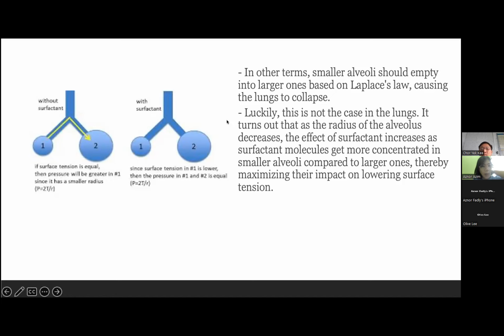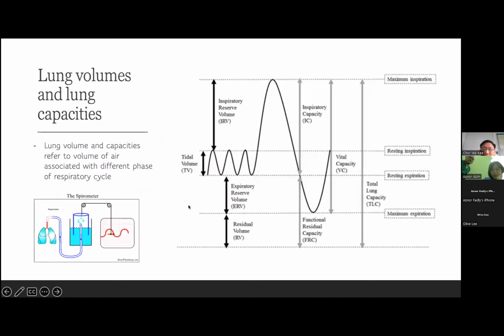This is all my reading. Okay. Again, wait. Your connection is not stable. Try this once more.